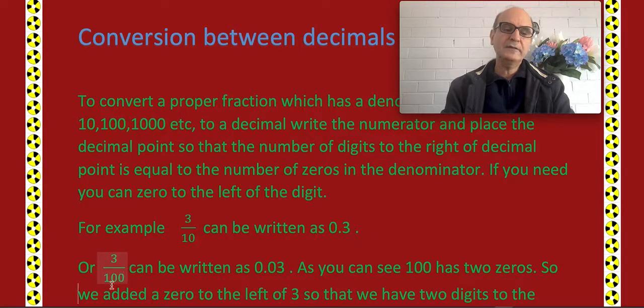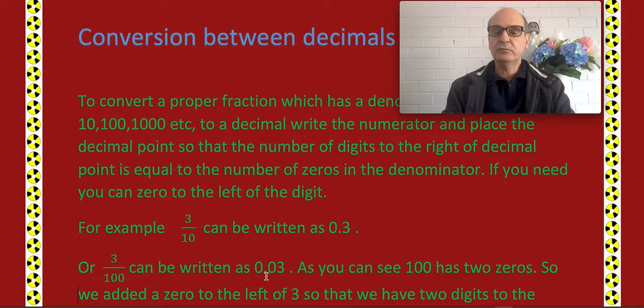So if you had 3/100, how do you do that? You just start by writing your numerator 3. Then look at the denominator. How many zeros do you see here? 2 zeros. But you have only 1 digit, so you need another digit. You add a 0 to the left of that.